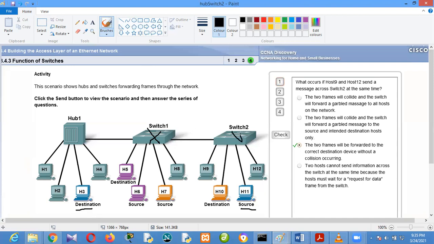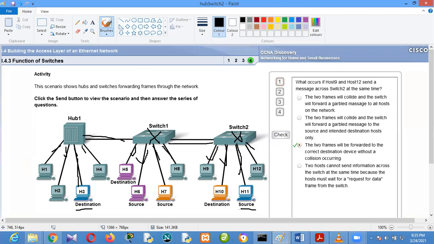If here is blank too, the way it will happen is that it will get to this place. Switch 2 will ask who is H3, who is H3. This one will not get it. It will get to this place: who is H3, who is H3. H3 will now respond. Every other person will ignore.